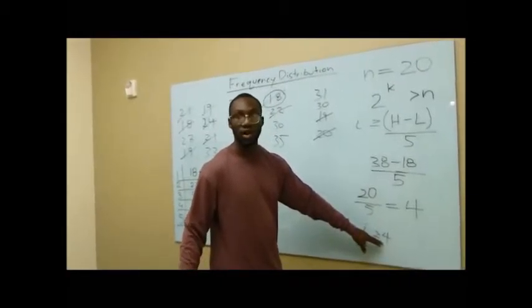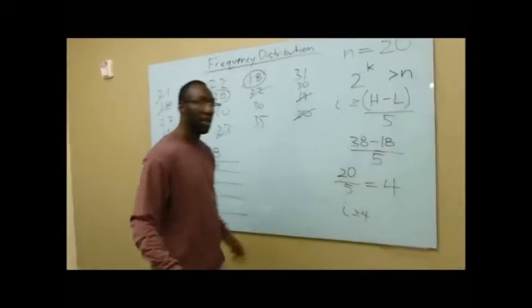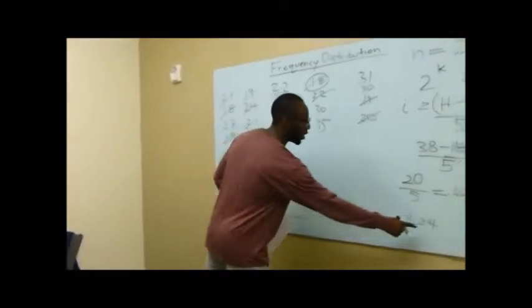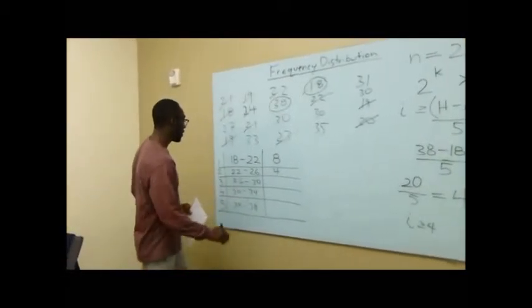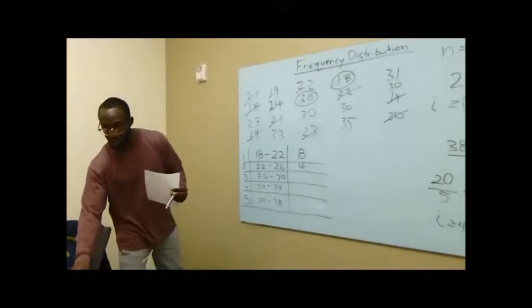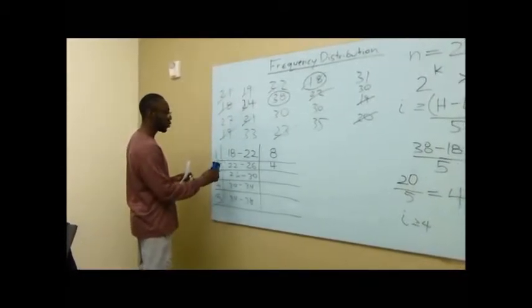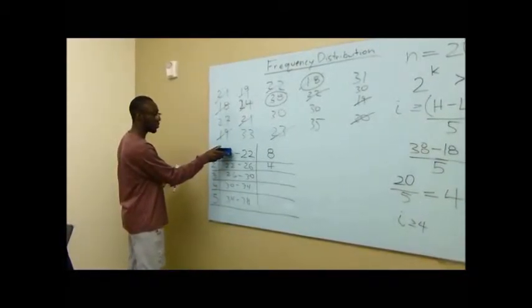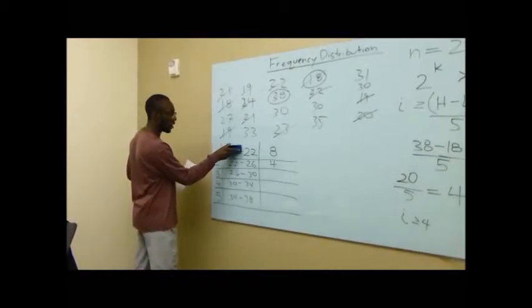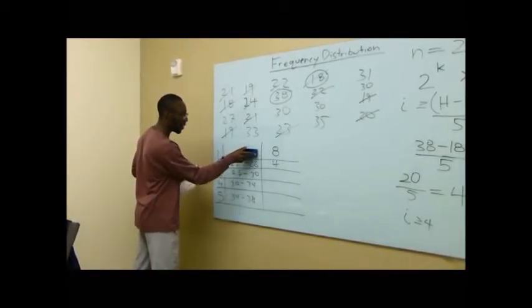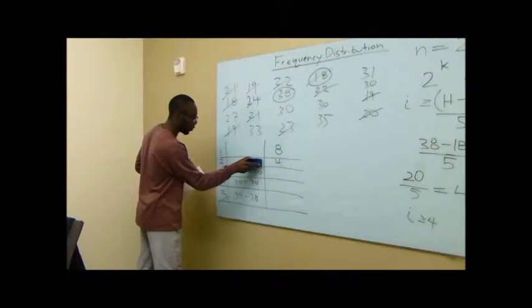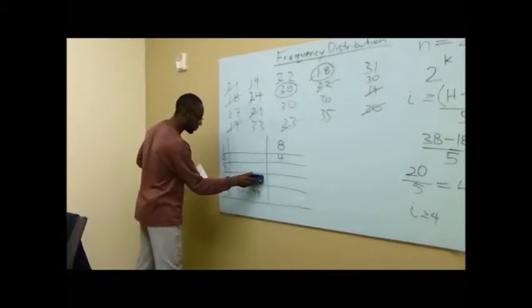The intervals for our categories. So we're going to increase it to 5 and change these numbers up just a little bit to where the interval space between the numbers is 5 instead of 4. Okay?